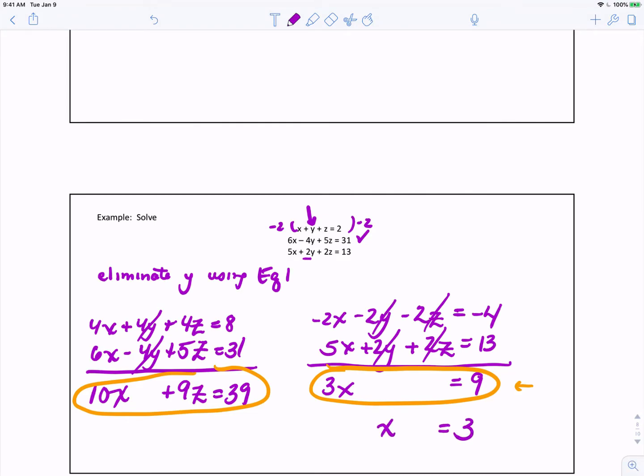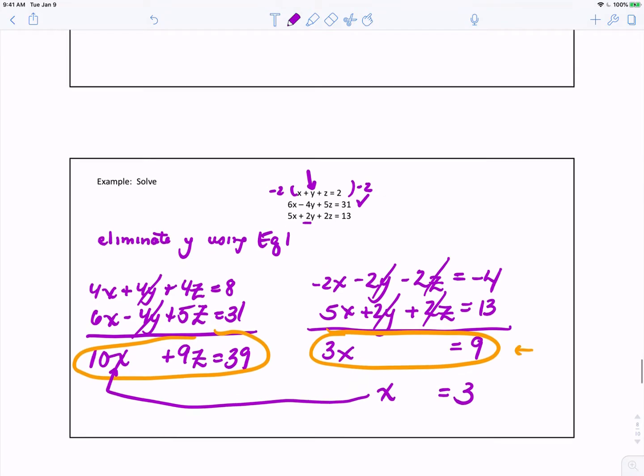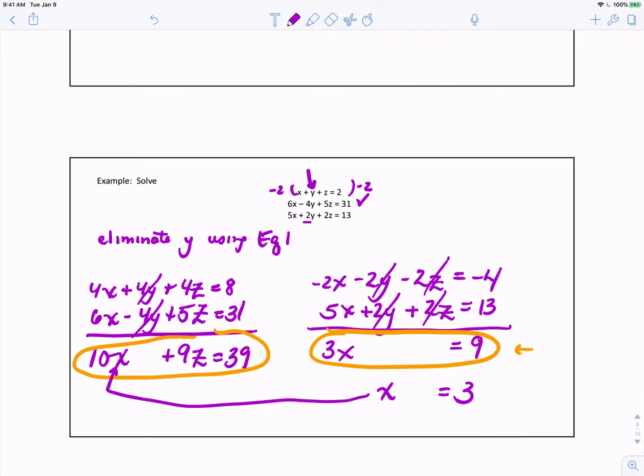Once I know that x is equal to 3, I can come back here to this equation that only has 2 variables in it and substitute 3. 10 times 3, plus 9z is equal to 39. Subtracting 30 from each side, we have 9z is equal to 9. In other words, now we know that z is equal to 1.